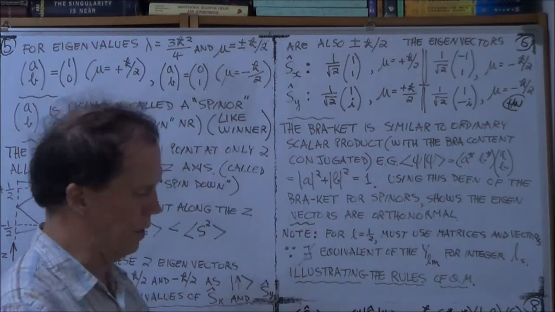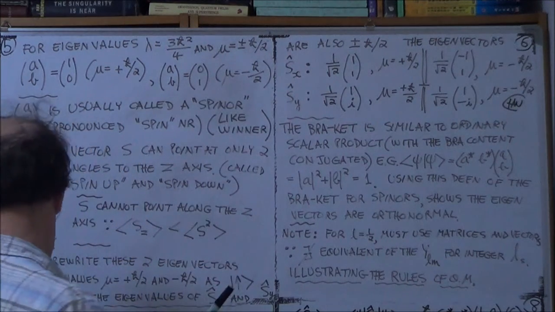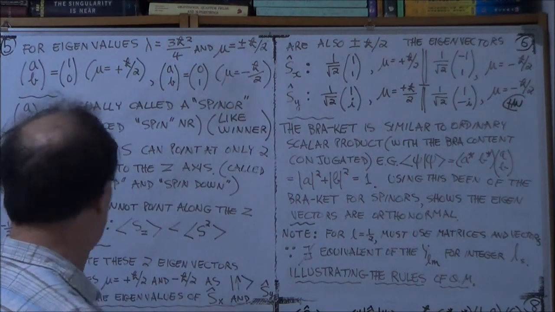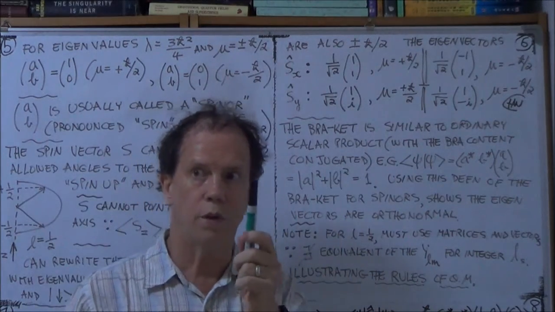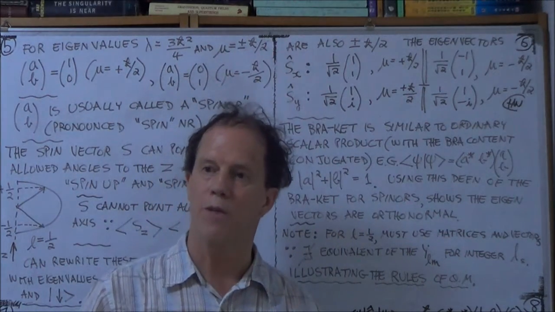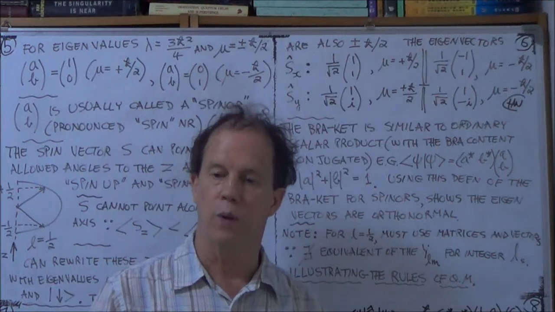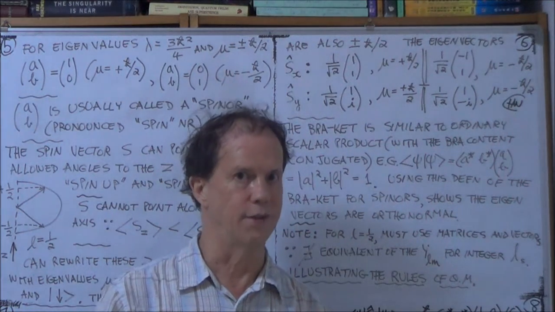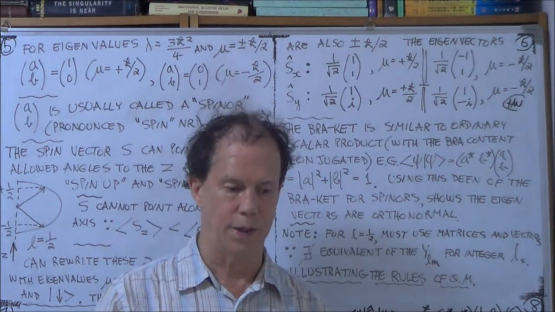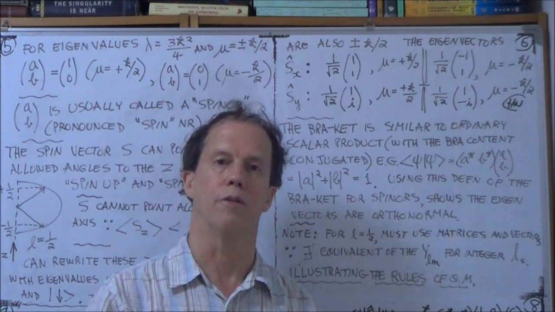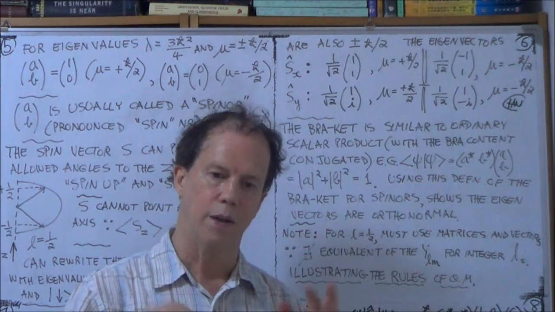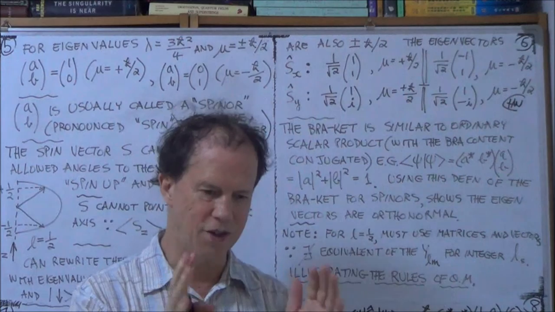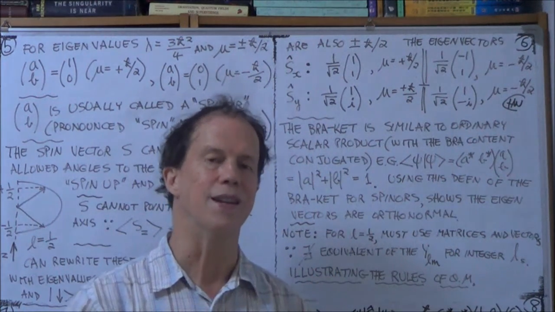Do that. So you know the 2x2 matrices, the Hermitian matrices for S of x, S of y, and S of z. So you can write out their eigenequations, and because these matrices are just 2x2, very easy.